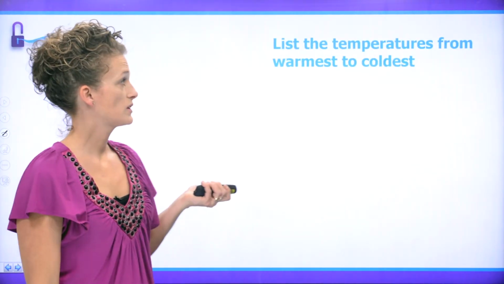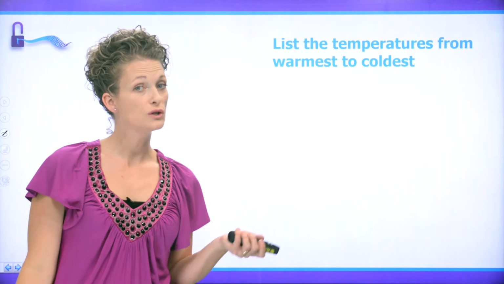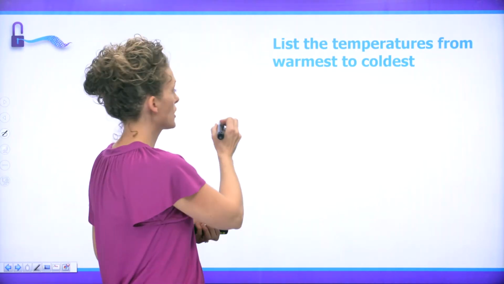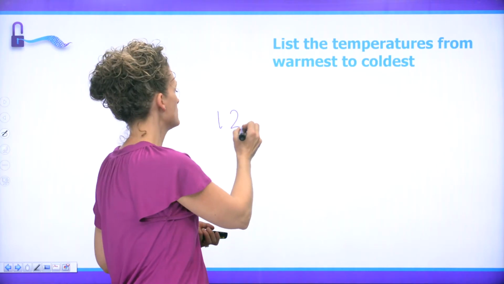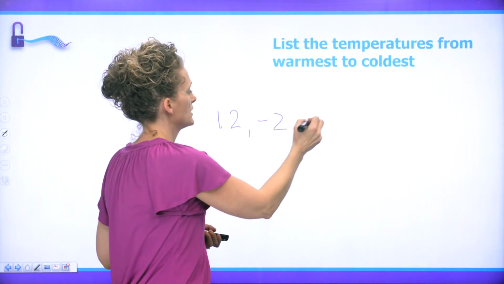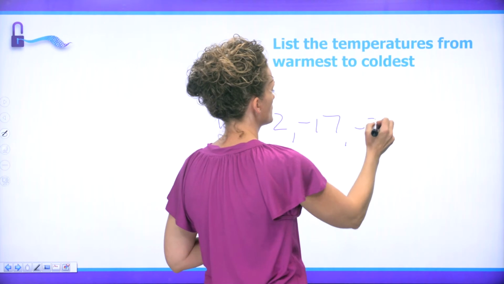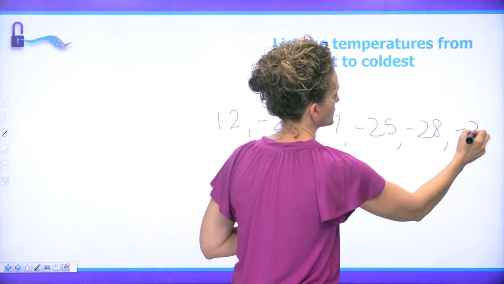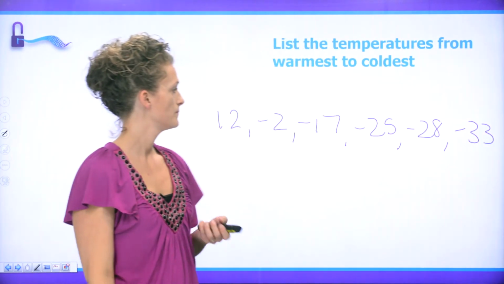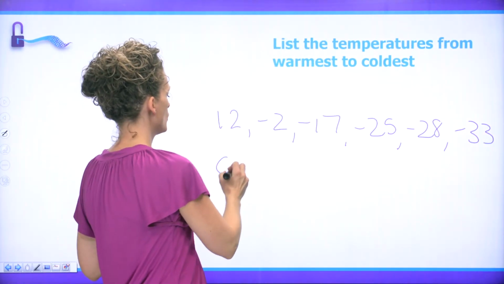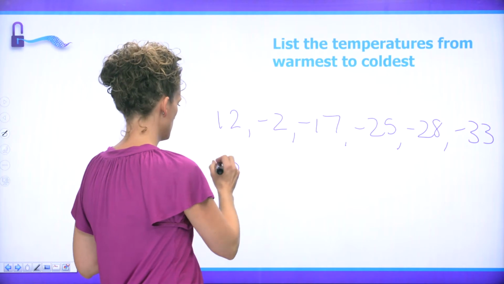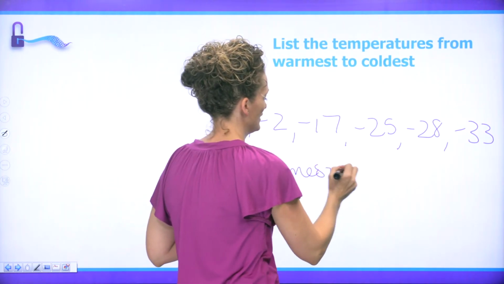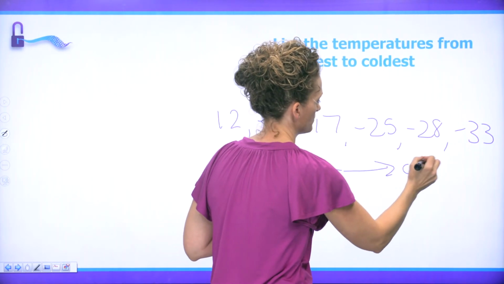So now if we want to go from warmest to coldest, we want to go in descending order. So our temperatures were 12, negative 2, negative 17, negative 25, negative 28, and negative 33. And this is from warmest to coldest.